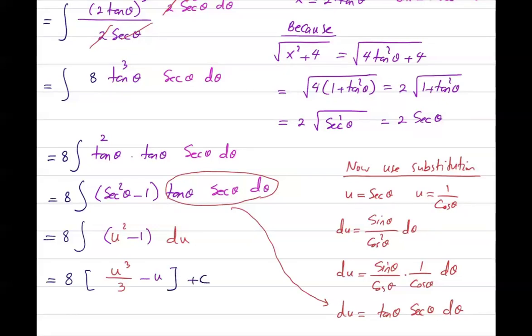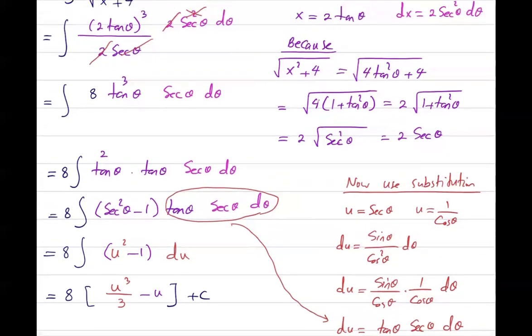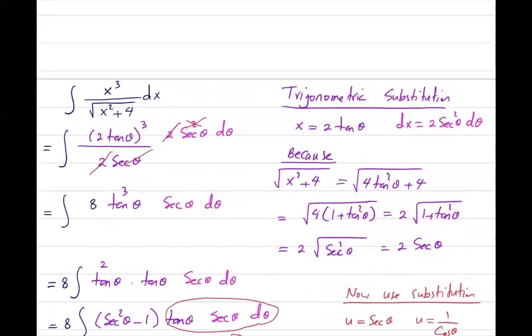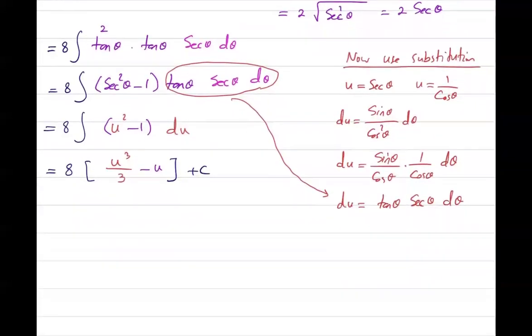Okay, my original integral is not in u, it's not in theta, so I have to make some adjustments now. Remember that your x is 2 tangent theta, so let us copy this down and move it here.